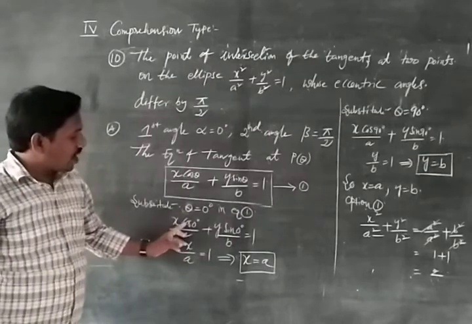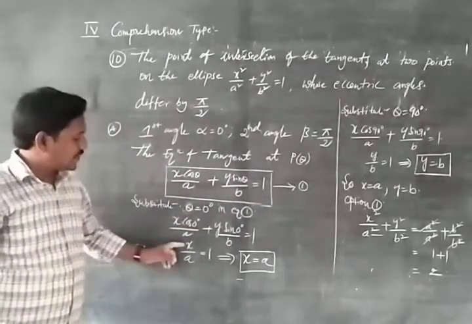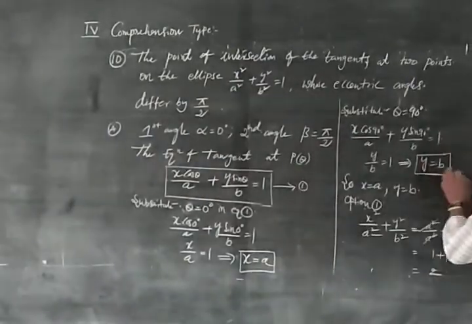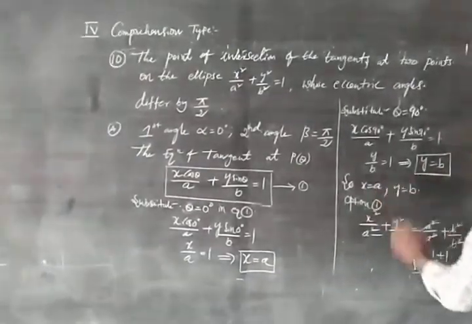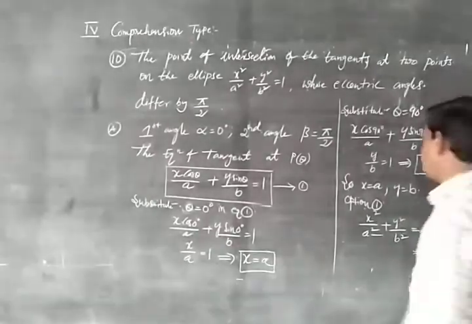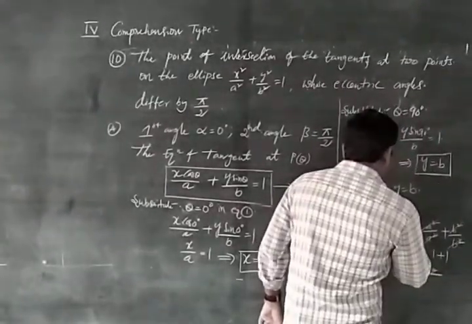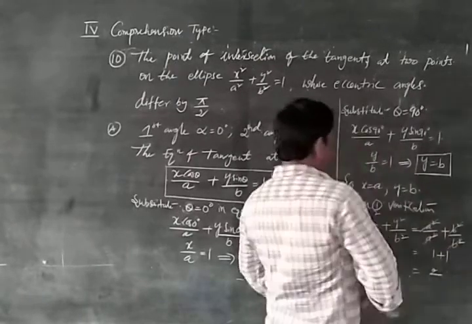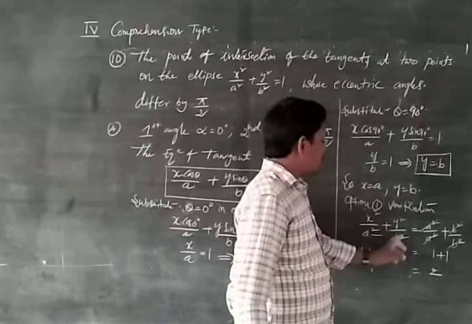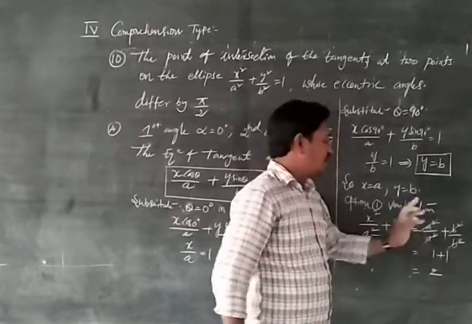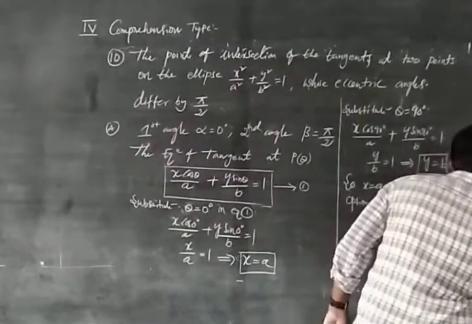Cos 0 means 1, x by a equal to 1, then x equal to a. Here y equal to b. For the option 1 verification, x square by a square plus y square by b square, a square by a square plus b square by b square, both 1, 1 plus 1 is 2. Okay. Right.